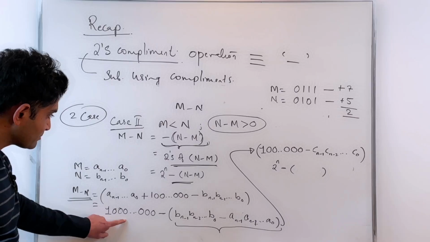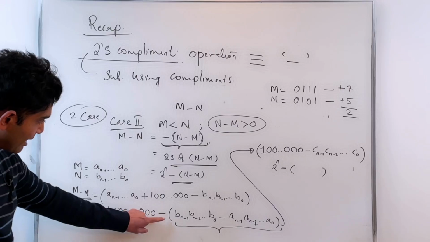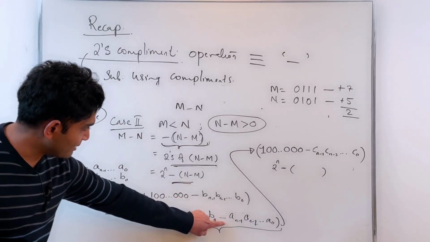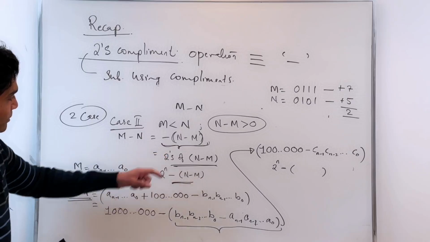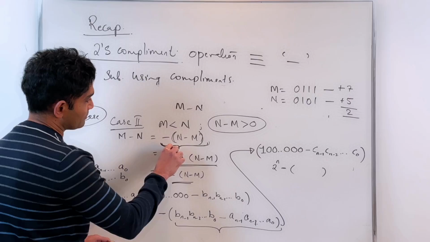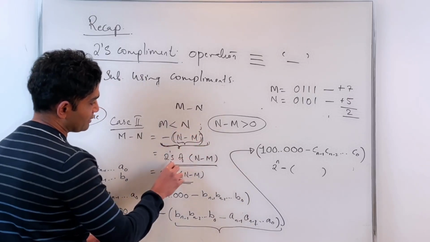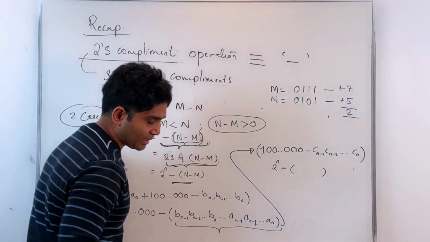I rearrange the terms, so that is nothing but 2 to the n minus n minus m.